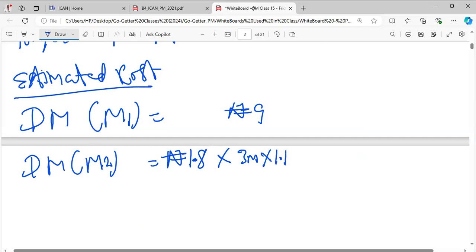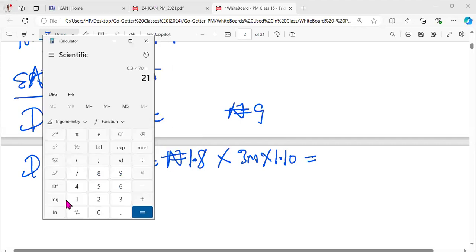This one is 100%, and this 0.1 is the 10%. Let's work it backward. 1.1 multiplied by 3, it means you are buying 3.3 meters instead of 3 meters. Now multiply by 1.8, it means 5.94 per unit.